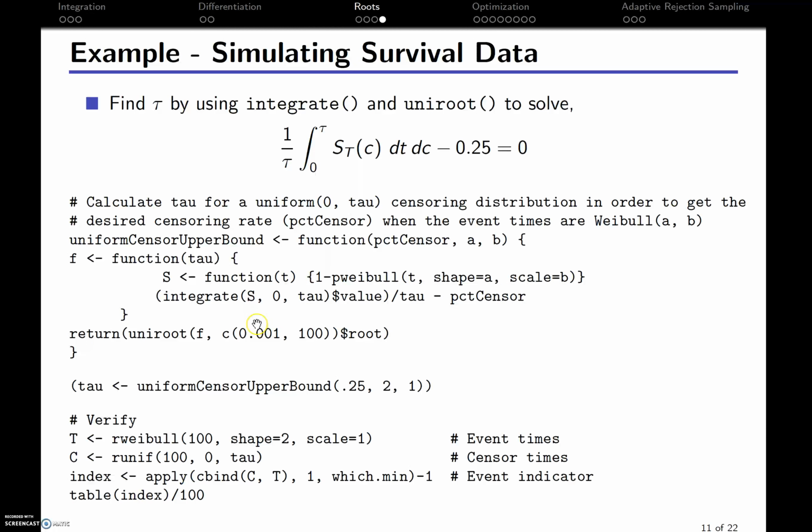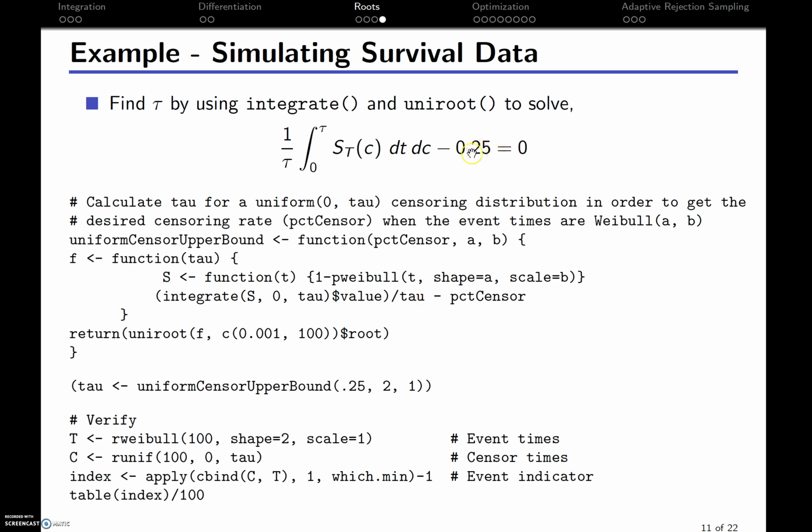Then we're going to integrate S from 0 to tau. Notice that follows our limits of integration here, from 0 to tau. We're going to recover the value. So when we do $value here, that just gives us back the integrand of the result right here. We have to be careful because notice we're dividing that integrand by tau, because of that ratio out in front, 1 over tau.